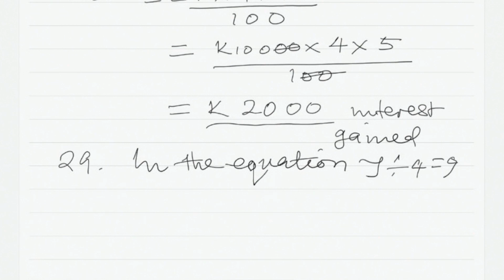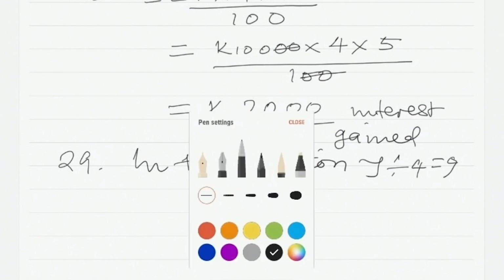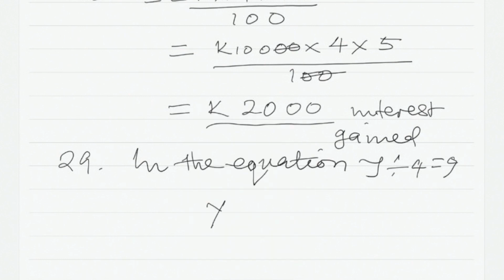So what we are going to do is we try to get a multiplicative inverse. The number that can help us to get 9 when we multiply by 4, since it is the opposite, is going to be 9 times 4, which gives us 36.